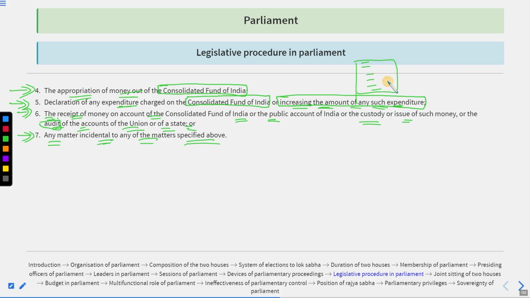It is not necessary that all these things must be mentioned here. But if any of the lines which are not these lines, but have incidental coverage to these lines, that will be automatically considered as a part of the money bill.